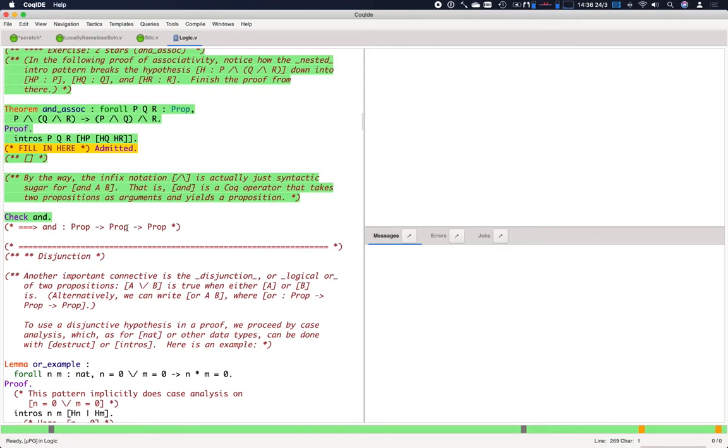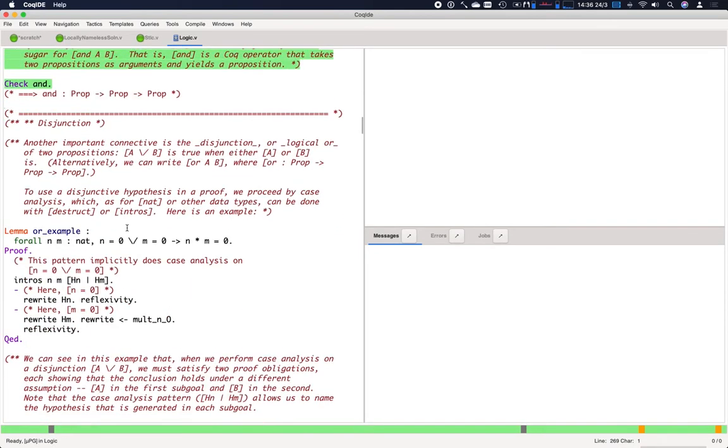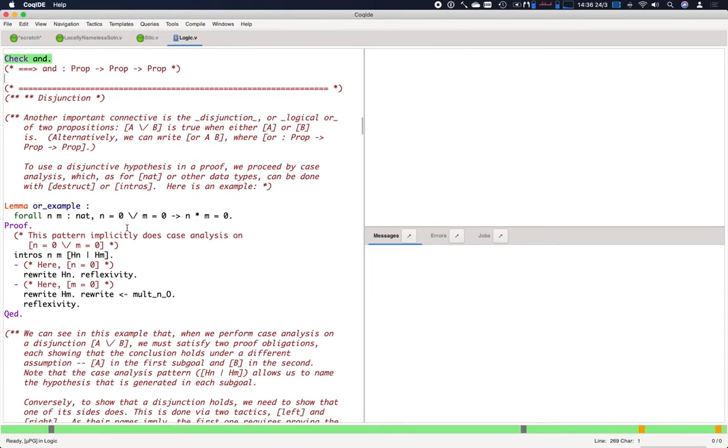Okay, so the story for disjunction is quite similar. The idea is that we need some way of representing, we've got two props and we know that at least one of them is true, then we know that the disjunction, the OR, is true.